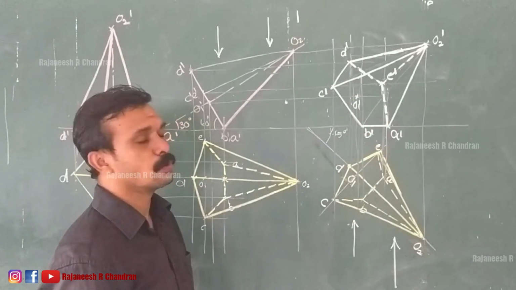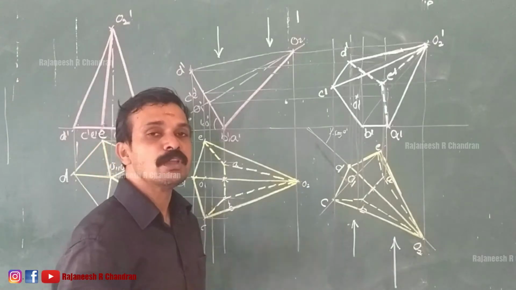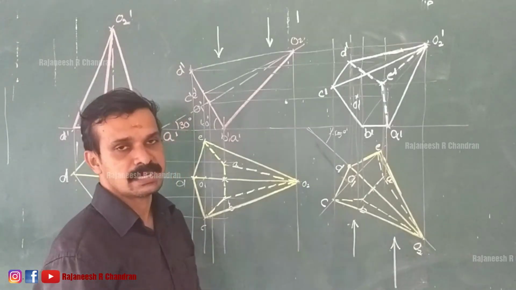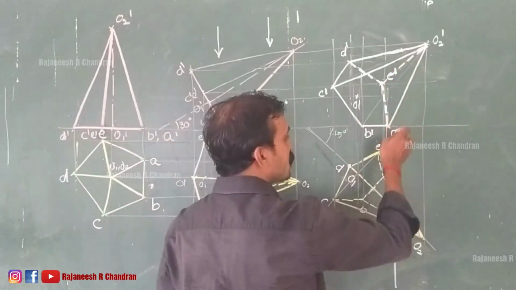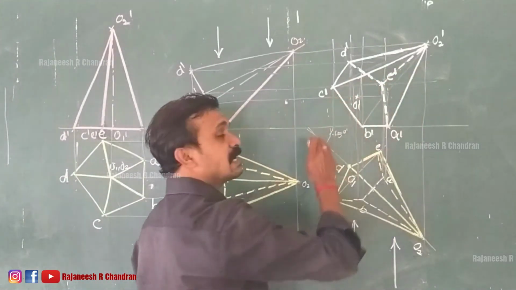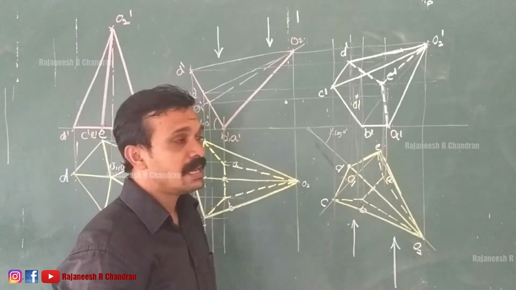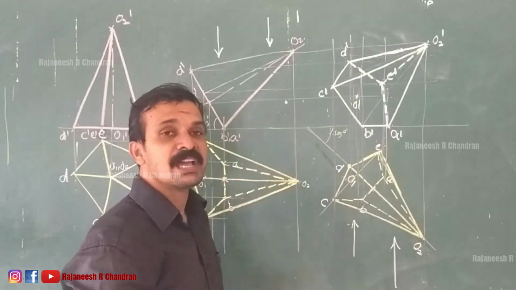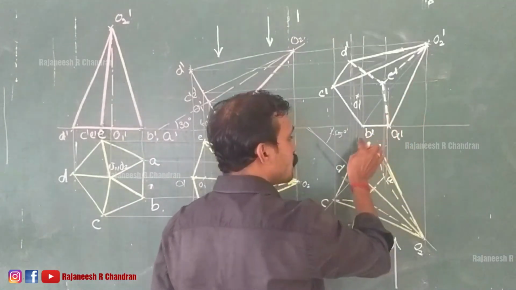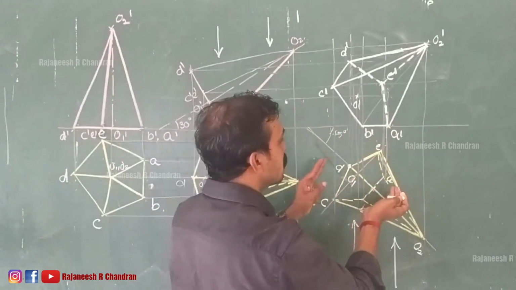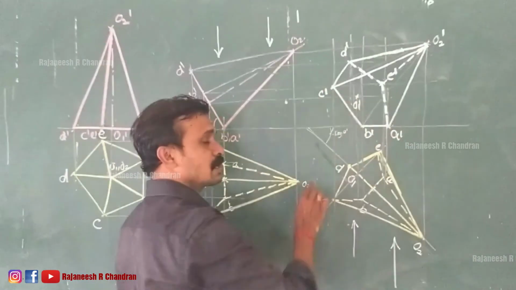So what about O2 dash B dash? Now we are going to the fourth condition. The condition is, if O2 dash A dash and O2 dash C dash are visible, then O2 dash B dash will be visible, because in alphabetical order O2 dash B dash is lying in between O2 dash A dash and O2 dash C dash.